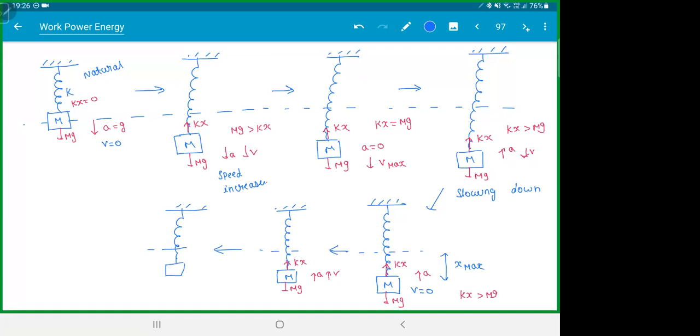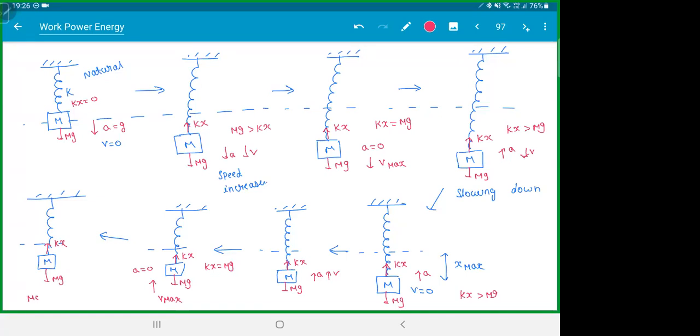Then again you come to the mean position. Acceleration is 0, but your speed is maximum. So there are actually 2 times you get maximum speed. And then you get kx, then you get mg.